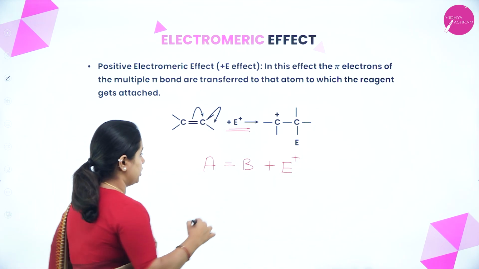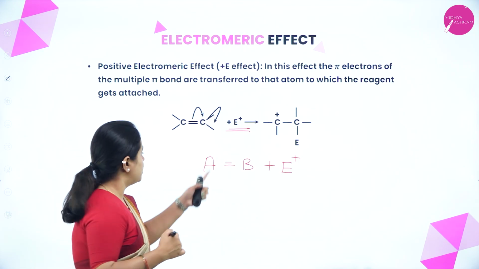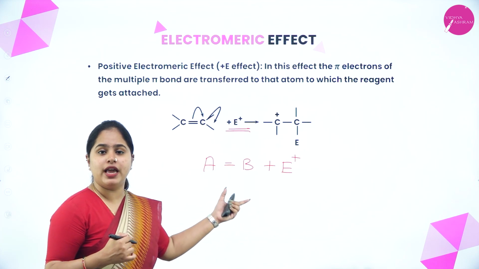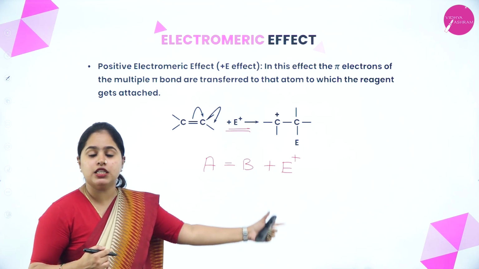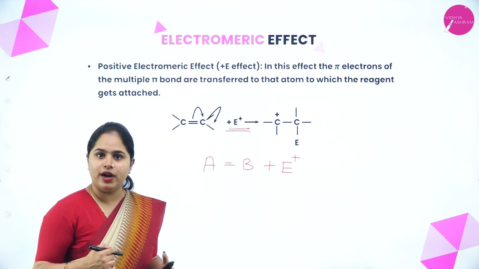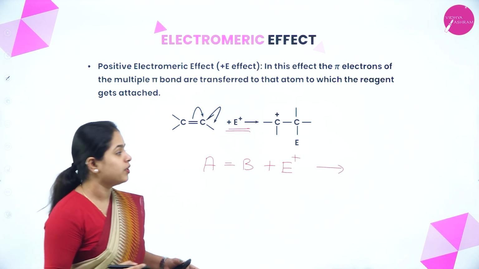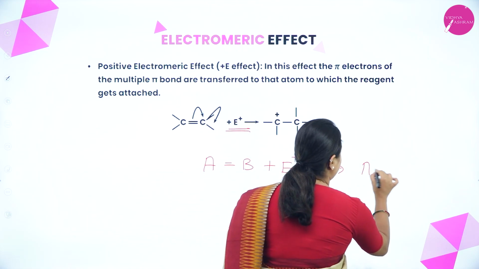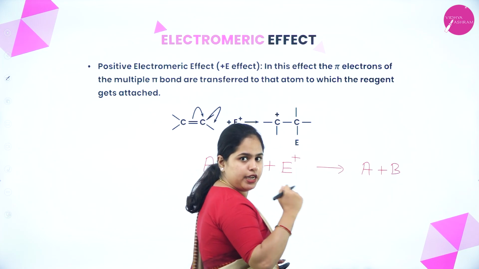this pi electron, yes, you can see there is one sigma and one pi bond, right? So both of the pi electrons which are shared between these two will now be completely transferred to either one of the atoms. So if it is transferred to B, how will it be? You will get A plus and B, and B will get the pi electrons, right?